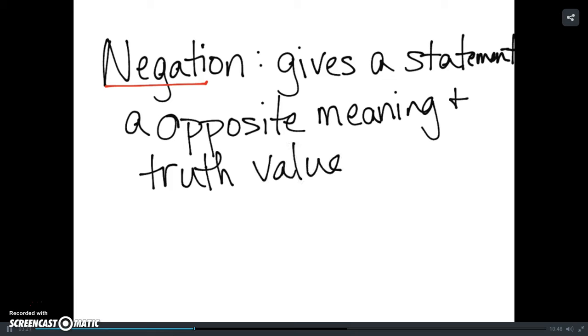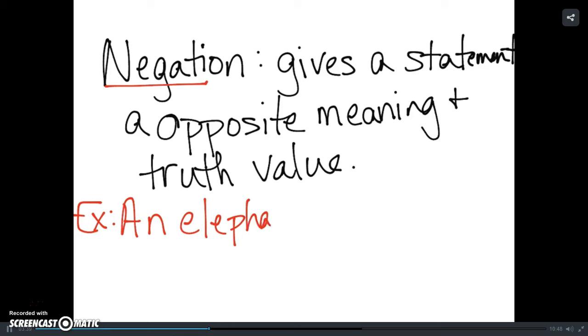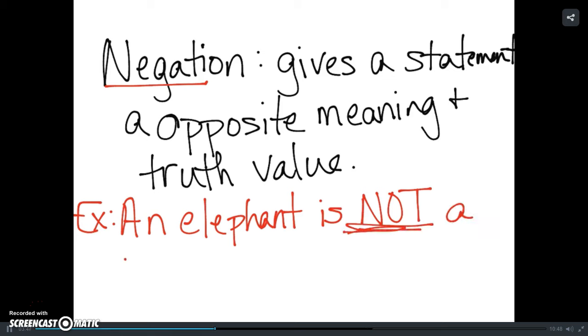In order to negate a statement, all we're going to be doing is adding the word not in. Sometimes it's the word no, but 99% of the time it's the word not. So if we're looking at an example down here, we're taking our previous statement, an elephant is a mammal, and we're adding in the word not. So we're saying an elephant is NOT, and I'm capitalizing that here so you can see it, a mammal.